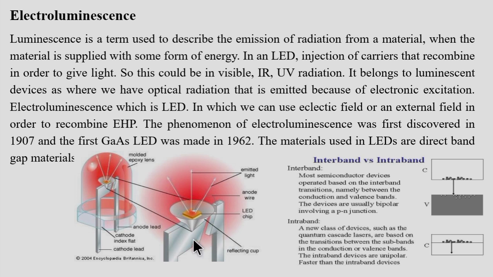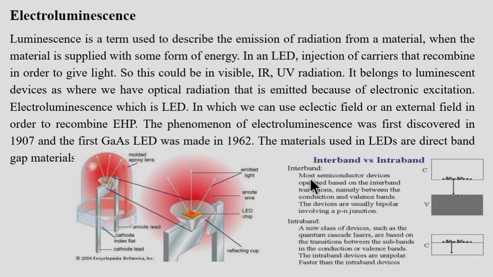This is the anode and this is the cathode, and this is the reflecting cup, and therefore the output light is emitted from the chip.